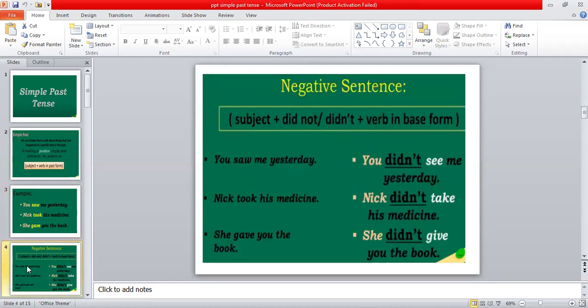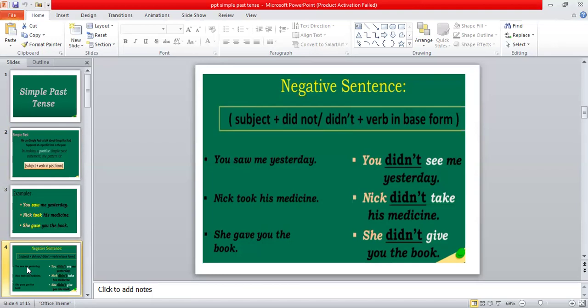If you want to make a negative sentence with past indefinite tense, you will have to use did with the first form of the verb. Always remember that whenever we use did in a sentence, we always use the first form of the verb.